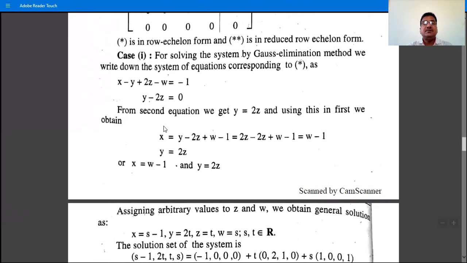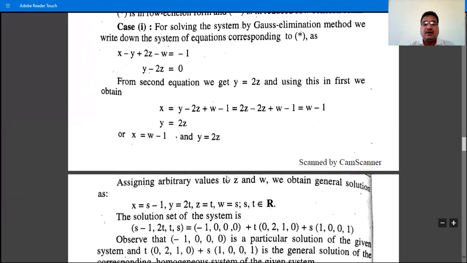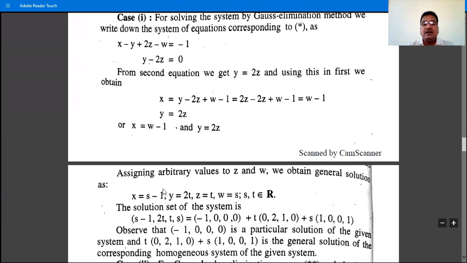The difference is 4 minus 2, that is 2, and we have to assign 2 unknowns. So assign z as t and w as s, where s and t belong to R. Then find y and x.